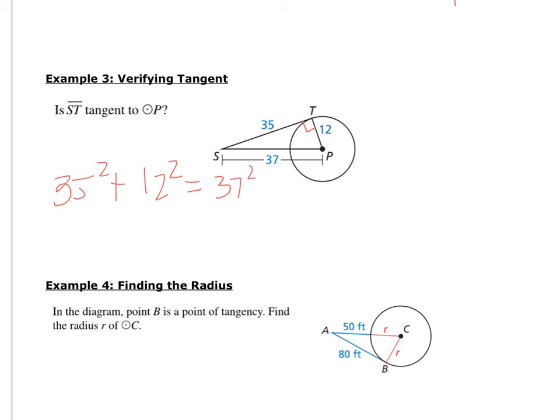Now, I'm not going to finish this problem, you are. If I find out that the two legs squared and added equals the hypotenuse squared, then it is a right triangle, which means that that is the point of tangency, and so ST is a tangent line. So you guys find out if I have the three lengths that would make a right triangle.